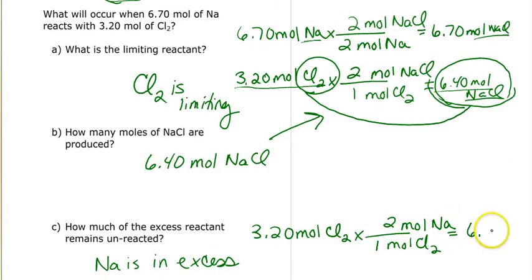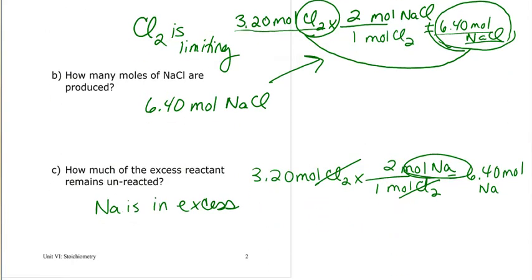6.40 moles of sodium chloride. Oh, big mistake. That would just be sodium. Okay, so what does this mean? It means that when I have 3.20 moles of chlorine to make my salt, I only need 6.40 moles of sodium to do that because of my molar ratio.